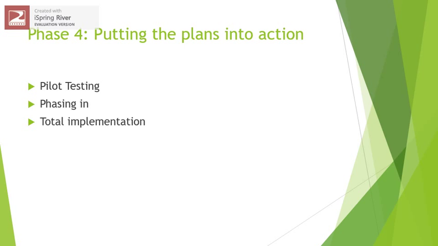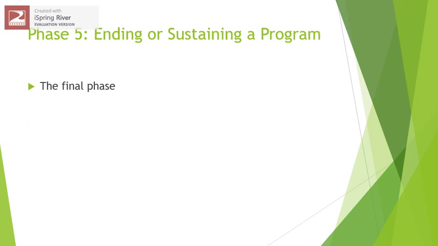The final phase of the implementation process is deciding how long to keep or run a program. If a program has fulfilled its goals and objectives while serving the priority population to its fullest potential, then a program can be ended. A program that has met these requirements can be ended because it has served its purpose.